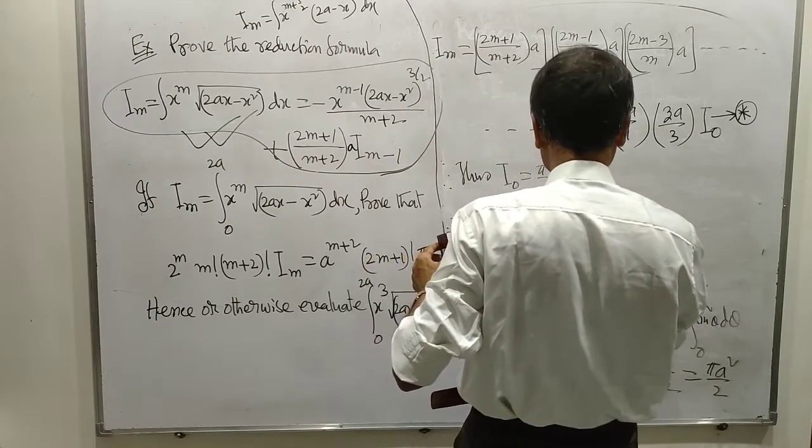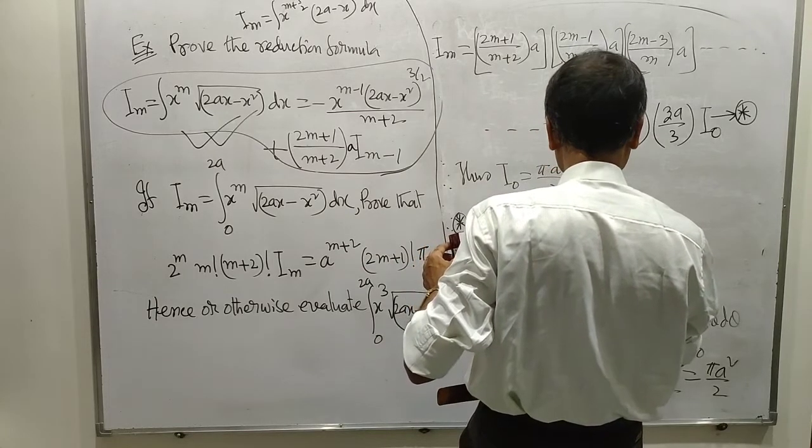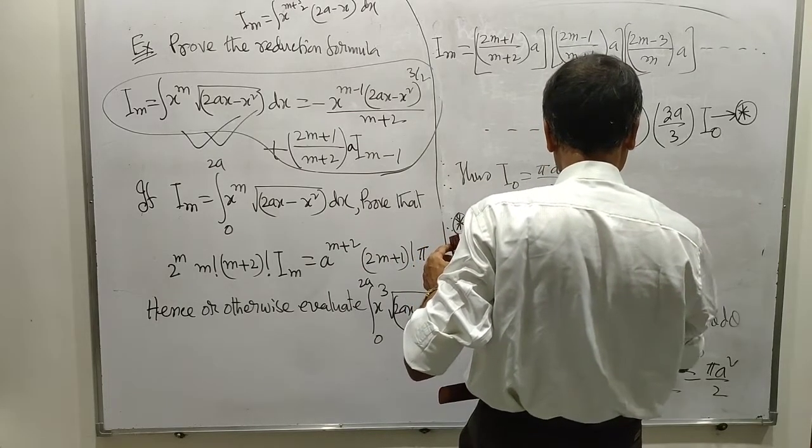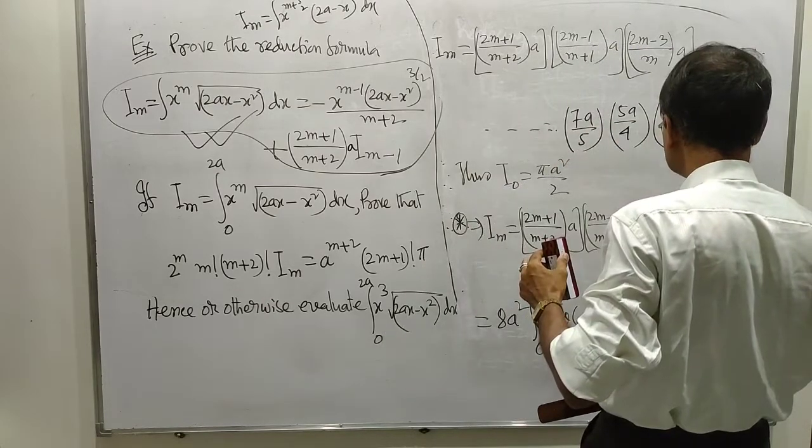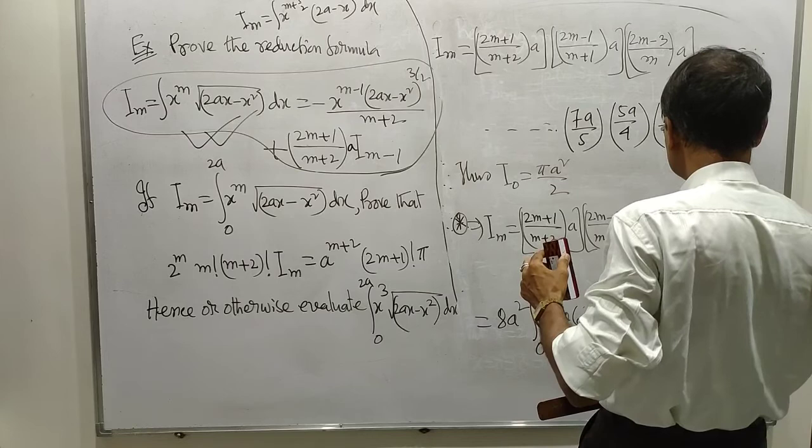First one is this, twice m minus 1 divided by m plus 1 into a. Number 2, twice m minus 3 divided by m into a.